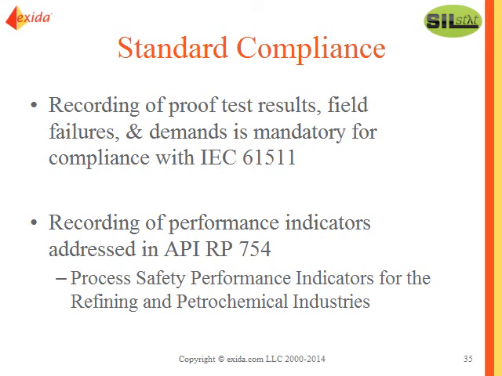Now, in addition, the API recommended practice 754, process safety performance indicators for the refining and petrochemical industries, is addressing the recording of performance indicators that we need to do in order to be compliant with that particular recommended practice. And again, SILStat will help you in that.